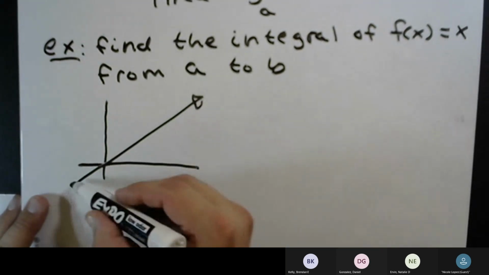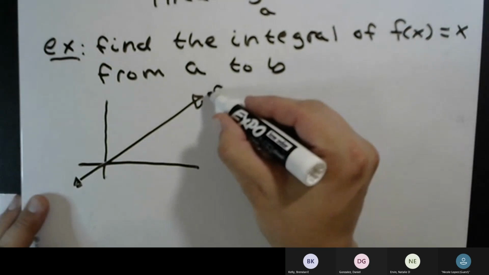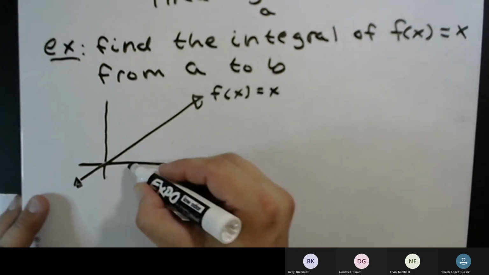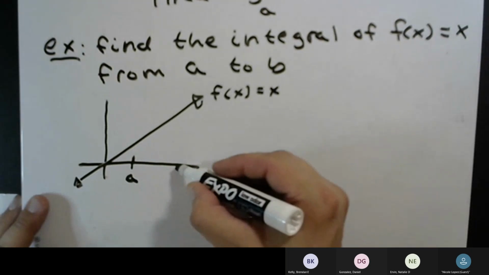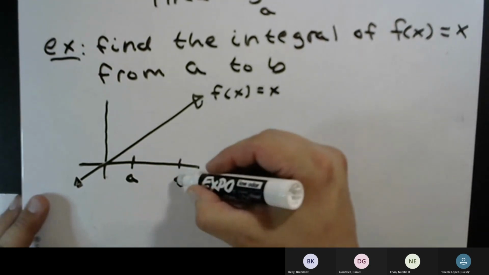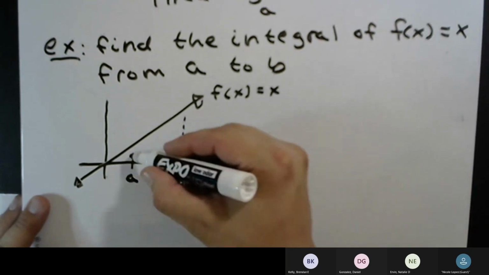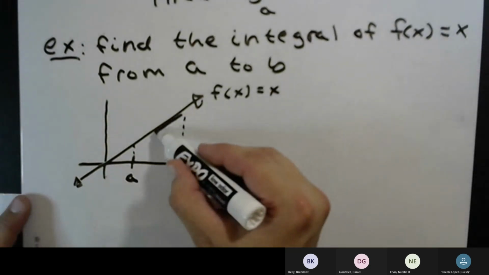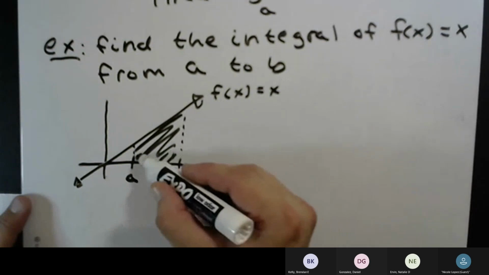So here's f of x equals x. This is the area we're looking for.